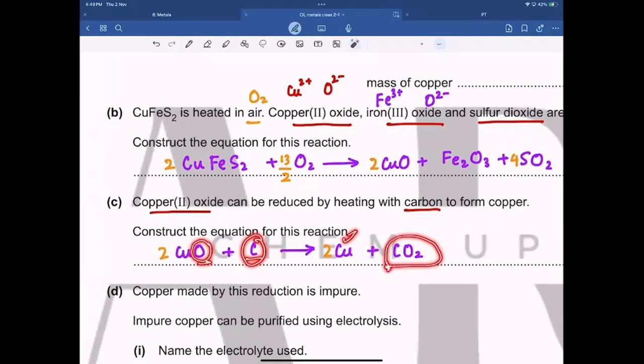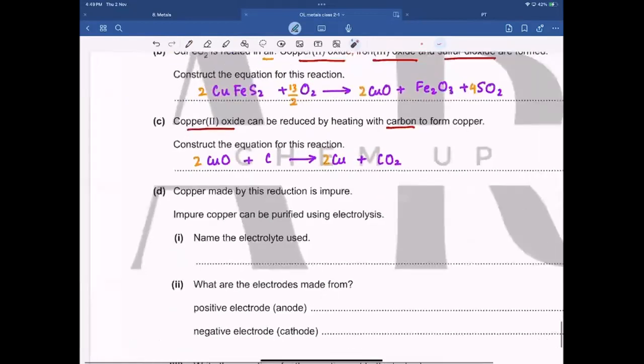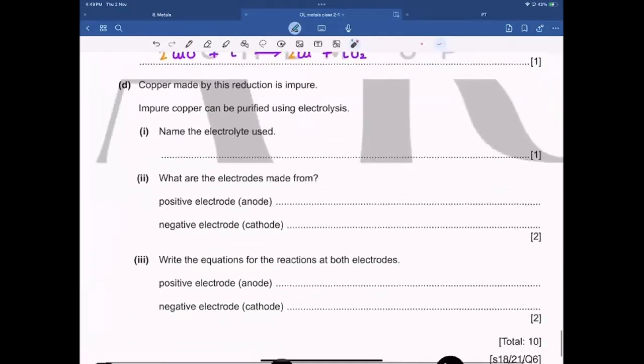Otherwise, we do not consider formation of carbon monoxide. Always carbon dioxide forms. There is no specific information indicating any unusual product, because carbon monoxide is actually an unusual product. Okay, sir. Yes, Aisha, did you understand?